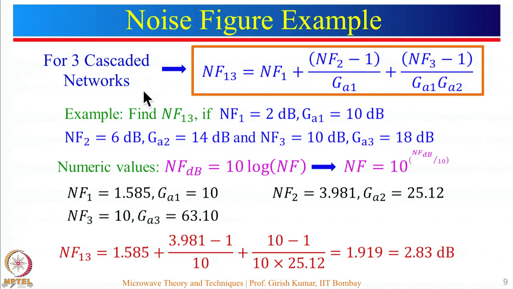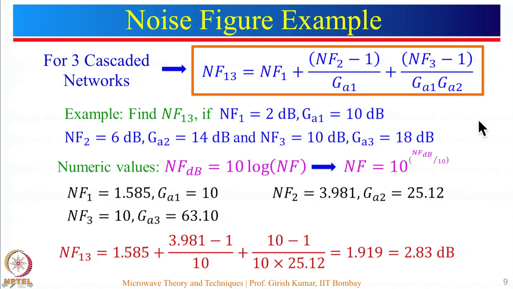So, for 3 cascaded networks we found NF_123 is given by this particular expression, where the first stage noise figure comes as it is, the second stage noise figure is divided by the gain of the first stage, and for the third stage the noise figure is divided by the gain of the first as well as the second networks.